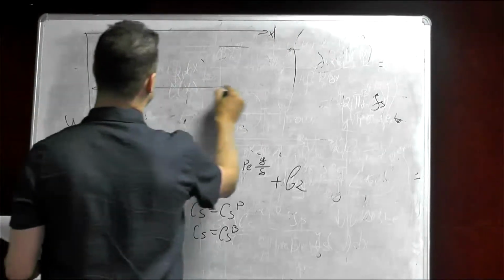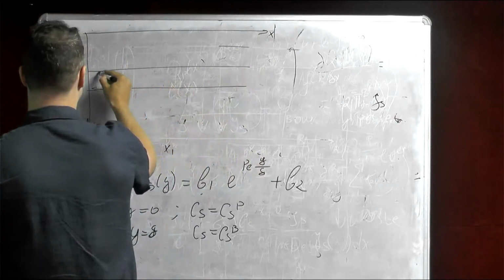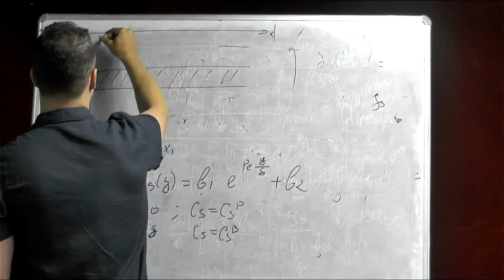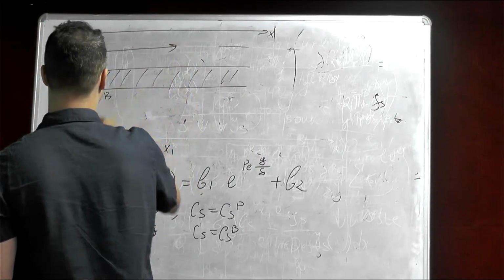If we talk about the thickness of the membrane, it's a membrane, that's the capillary where we have the plasma flow, and this is the Bowman space.